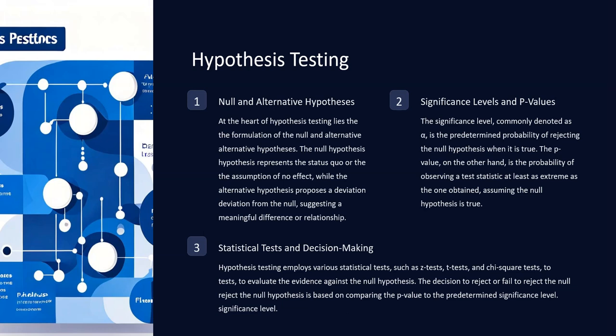But how do you determine the level of significance and the p-value? The level of significance is commonly denoted by alpha. The p-value means the probability value. In other words, it is the probability of observing a test statistic at least as extreme as the observed one, assuming the null hypothesis is true.